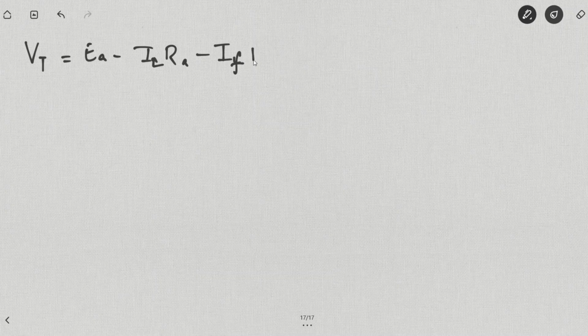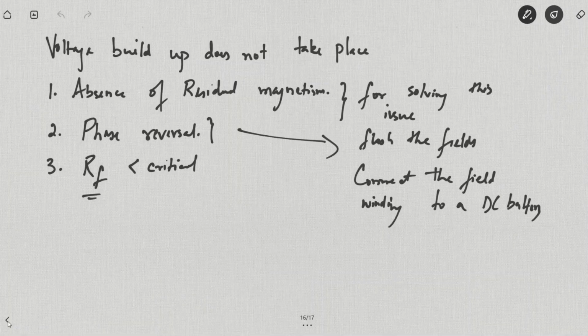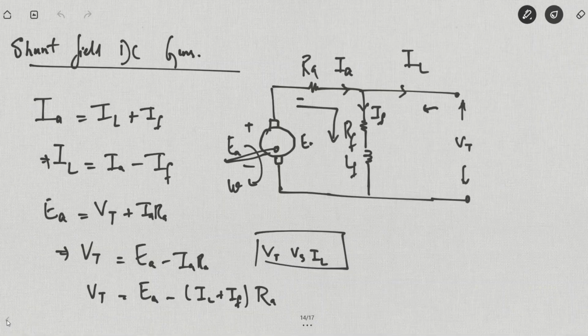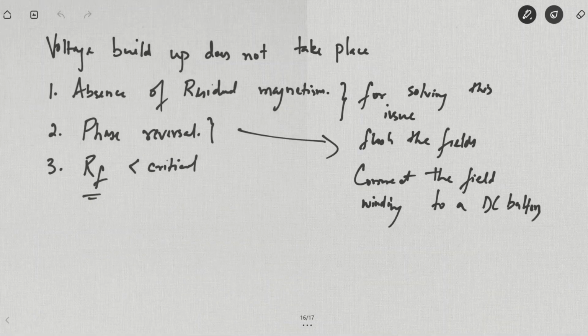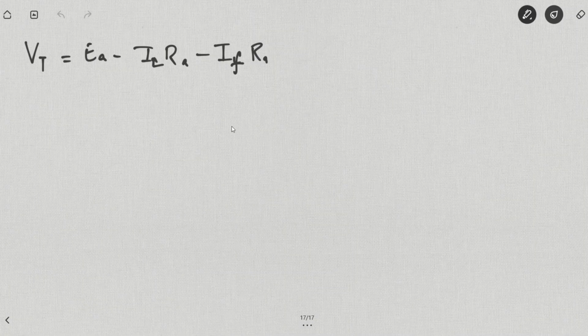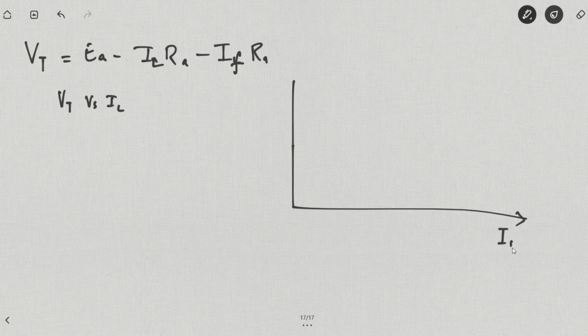We have to plot VT versus IL. Again, just like the separately excited DC generator, this is IL.